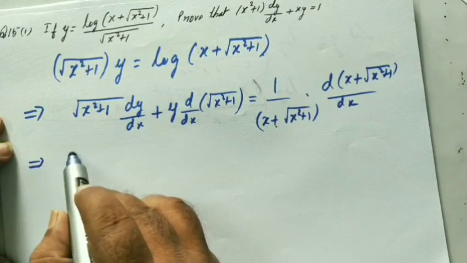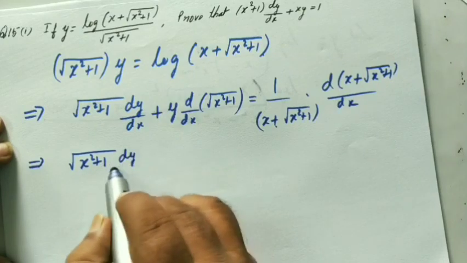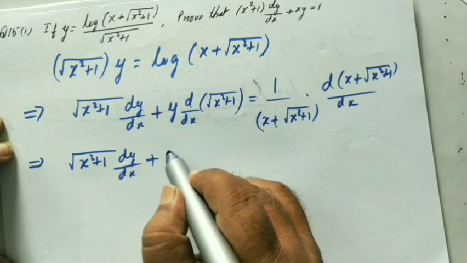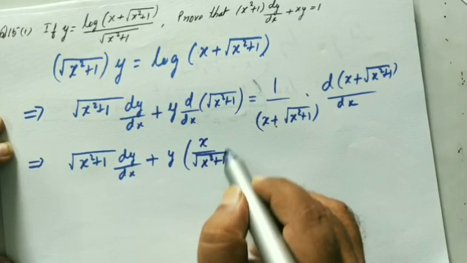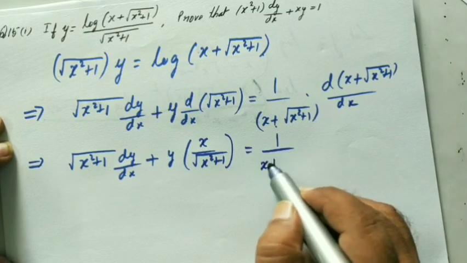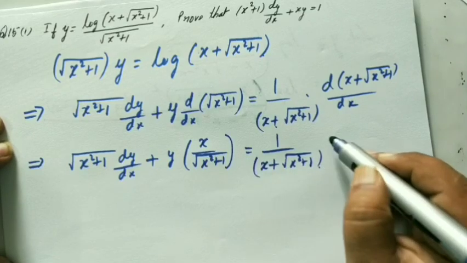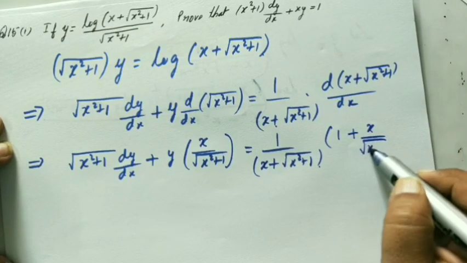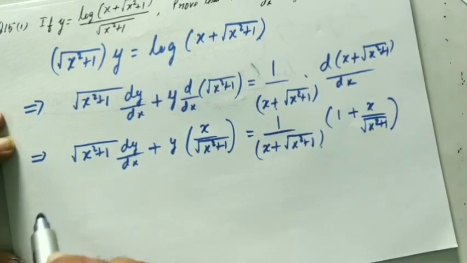I get differentiation of this will be x by root of x square plus 1, by x plus root of, here I get 1 plus x by root of x square plus 1, differentiation of root of x square plus 1.